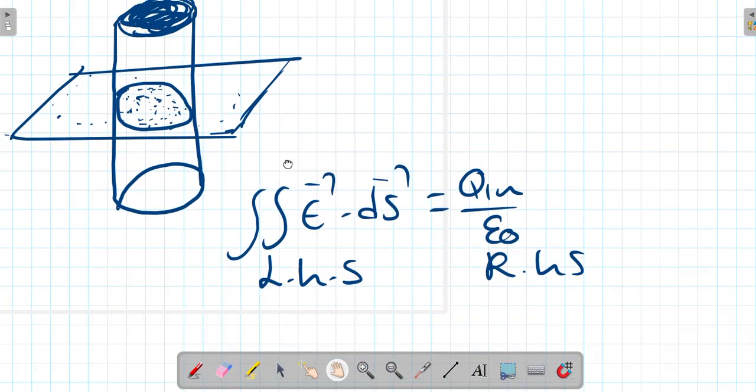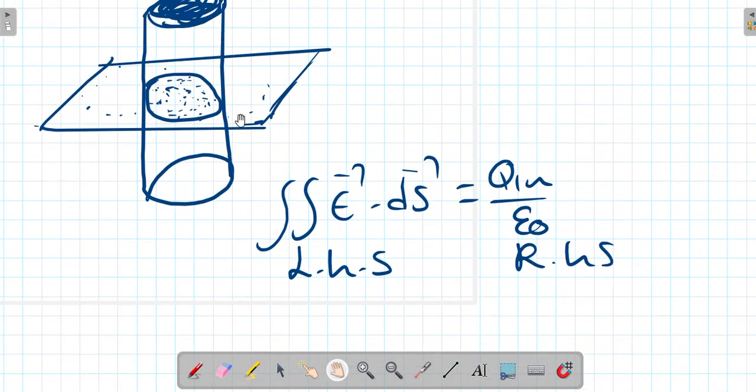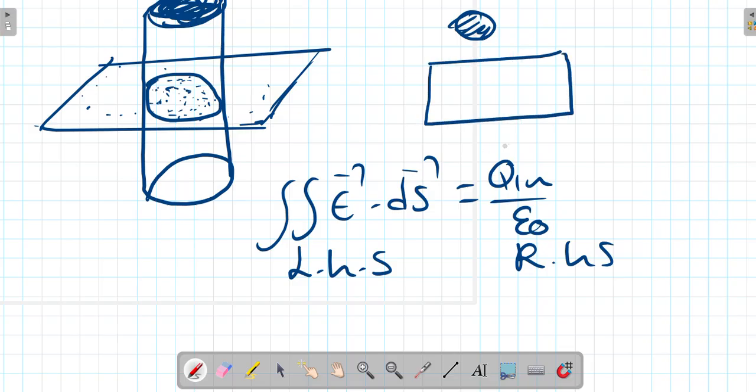This double integral, we're going to decompose it further. The integral on a cylinder, a surface that is a cylinder. A cylinder, as I said, has got the top part, a disc, the middle part, and the down part. So you have three surfaces.